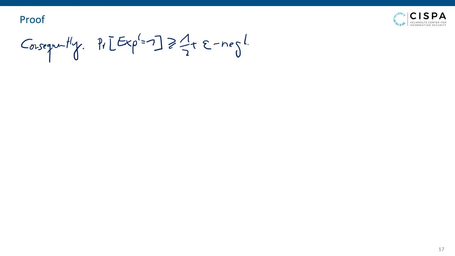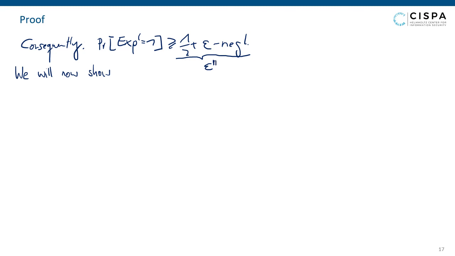And we will now show that this implies a PPT adversary. Maybe first, let's call this expression here epsilon double prime.